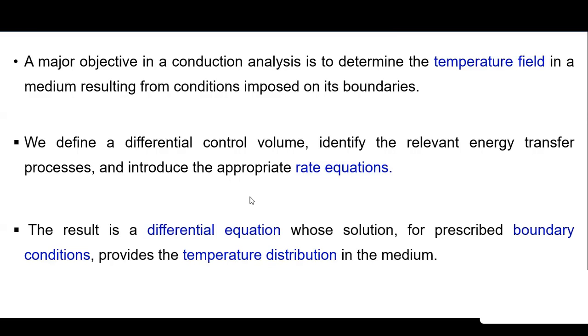The differential equation we get can be solved using boundary conditions. In the next lectures, I am going to talk about how we solve the conduction equations using different boundary conditions. After the solution, we will get the desired temperature distribution in that medium, which is our final aim. So let us start with the Cartesian coordinate system.